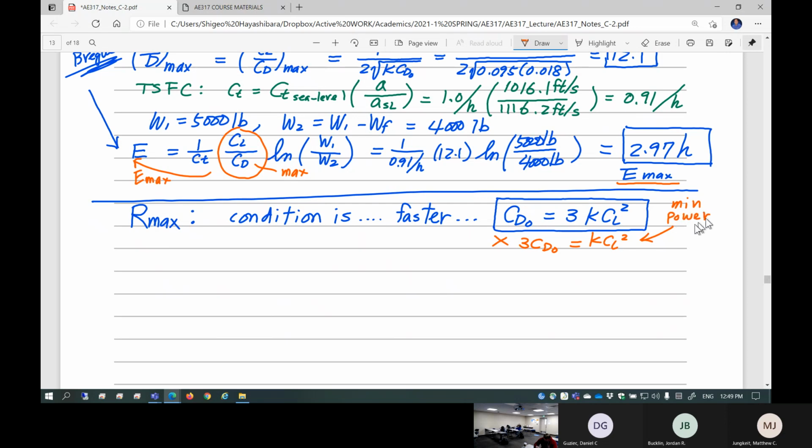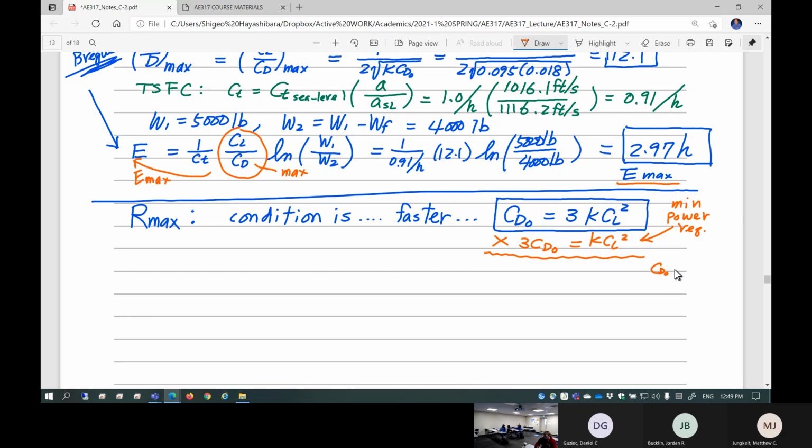So let's be careful about that. I'm probably getting too old, so I look at those two things and they look so similar. But those are two different conditions. Minimum power required is much, much slower, even slower than the condition of this.